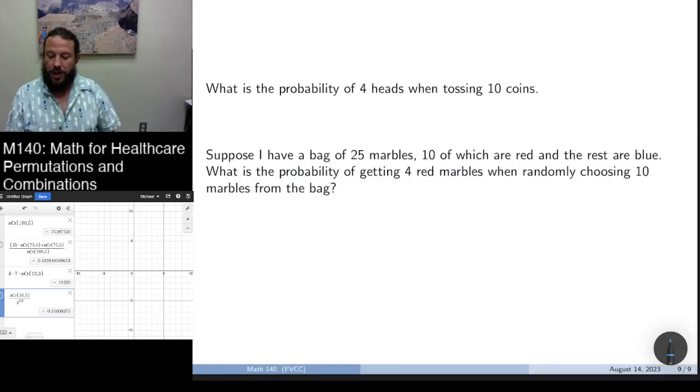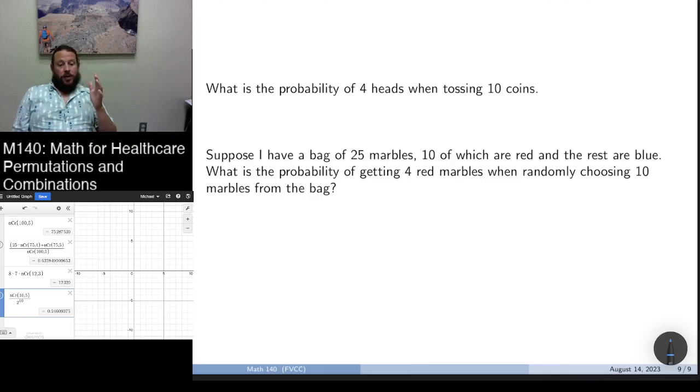Now, suppose I have a bag of 25 marbles, 10 of which are red and the rest are blue. What is the probability of getting 4 red marbles when randomly choosing 10 marbles from the bag? This is actually fairly similar, right? We have that 10, we have that 4 again.